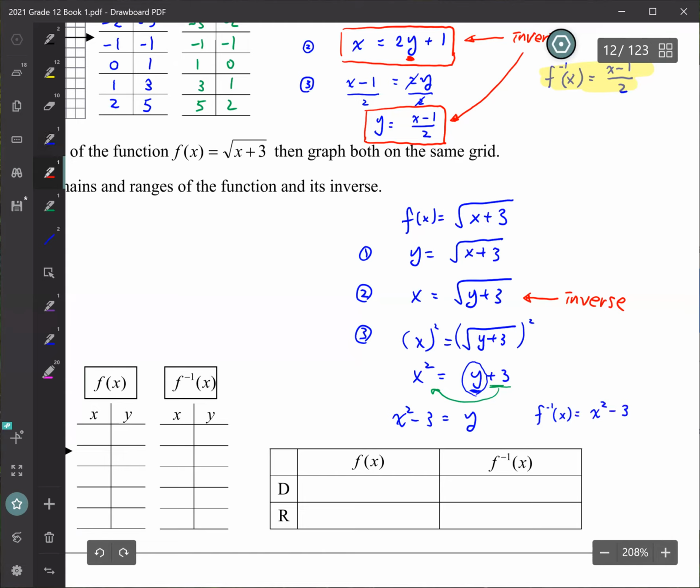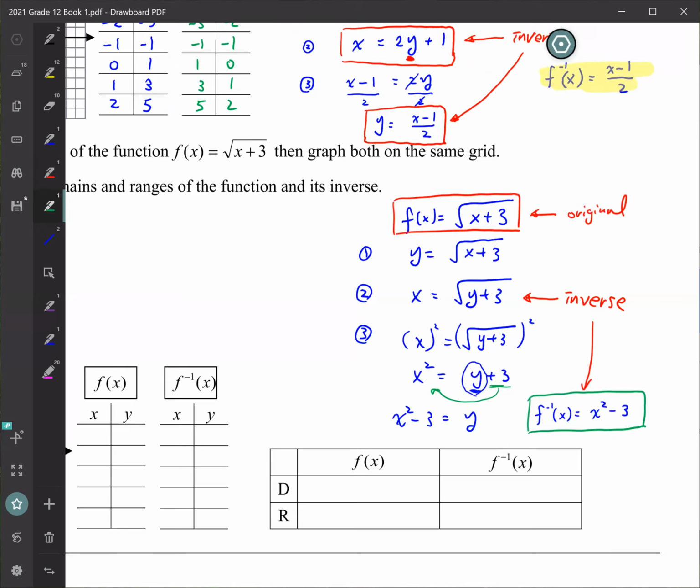So this one is the original, and this one is the inverse. I'll use the green color. So if you have a square root, this is how you can isolate the y.